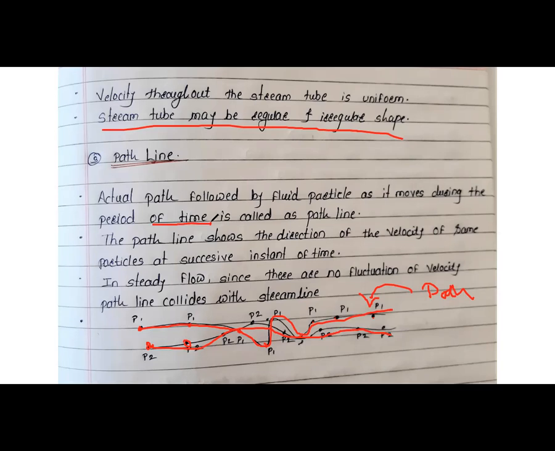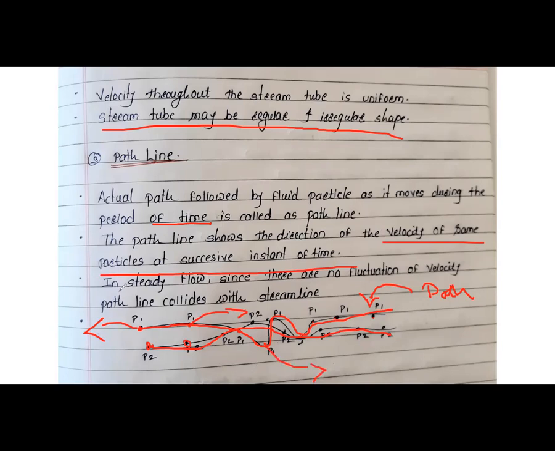A streamline does not change with respect to time; it is fixed at a particular time. But the path line is used in the Lagrangian approach, which follows the path of a particular point. It changes with time. The path line shows the direction of velocity of the same particle at successive instants of time, so we are able to find the velocity at the P1 position, then this position, then this position.